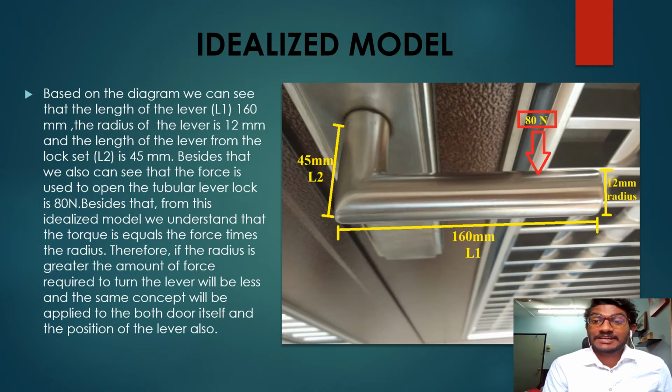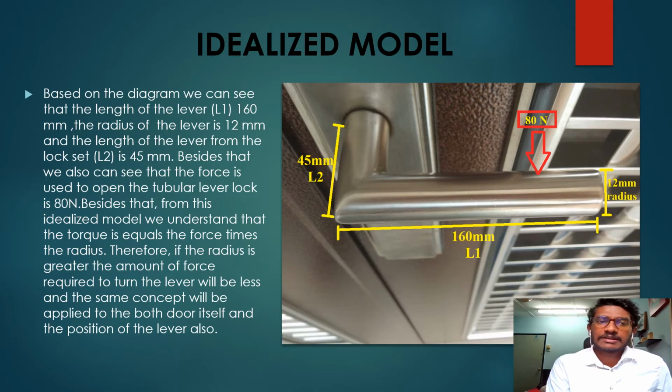Hello guys, I'm Arunan Subramaniam. Today I'll be talking about the idealized model of our project, that is a tubular level lock. Based on the diagram, we can see the tubular level lock and the idealized model that I'm going to explain today.